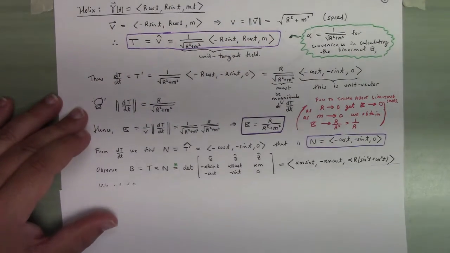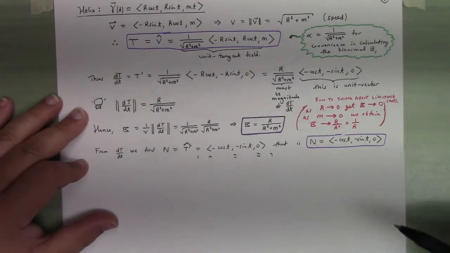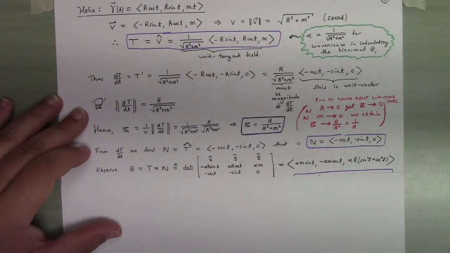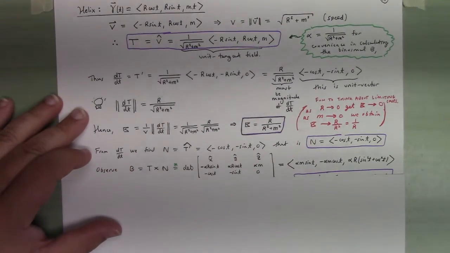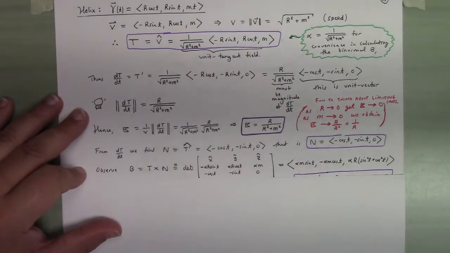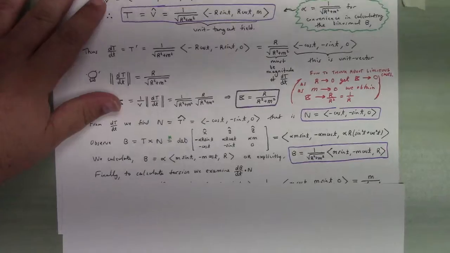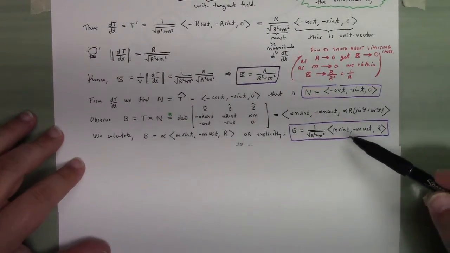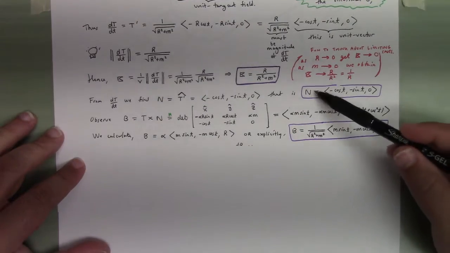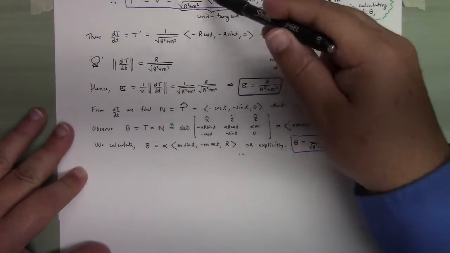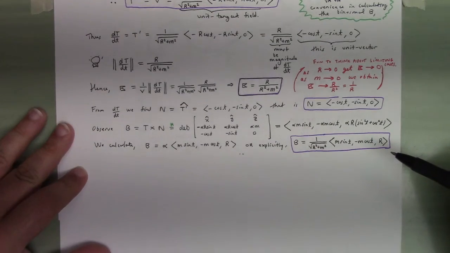On the other hand, we can calculate the unit normal, which is minus cosine, minus sine, and then we can calculate the binormal. Here it is. It's kind of a little bit of a calculation there. It works out to, you know, that. And as a quick check, you can see that B dot N and B dot T are in fact 0.